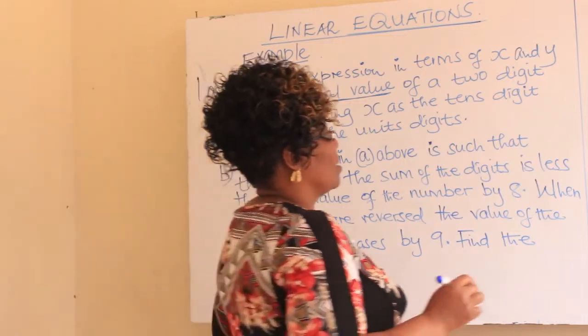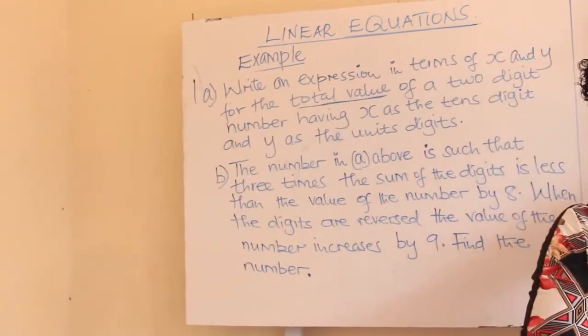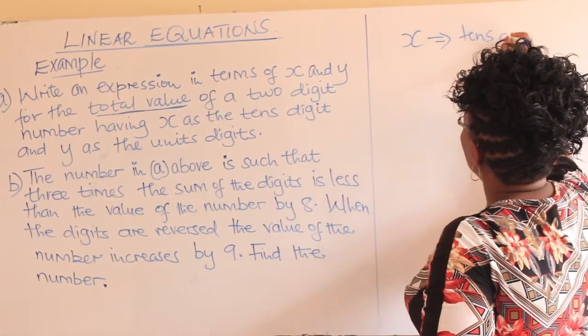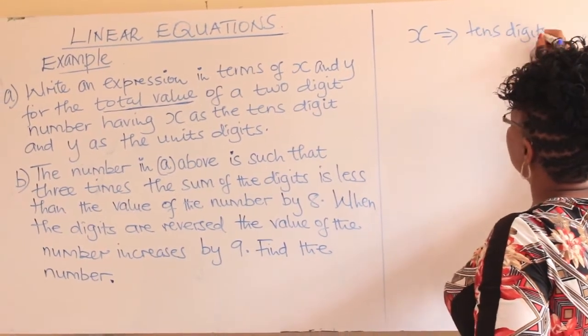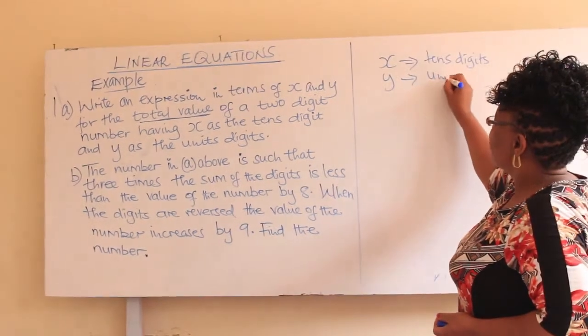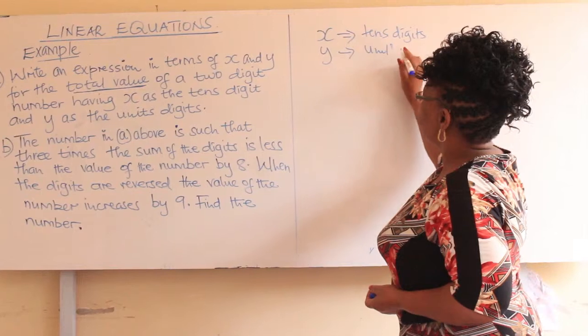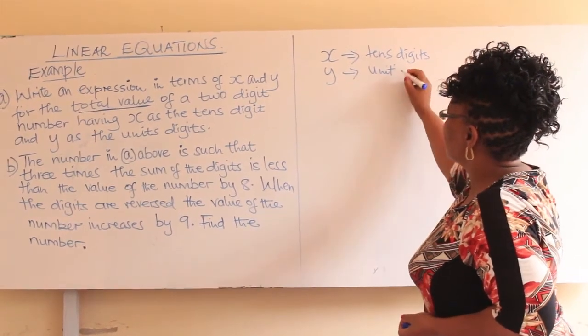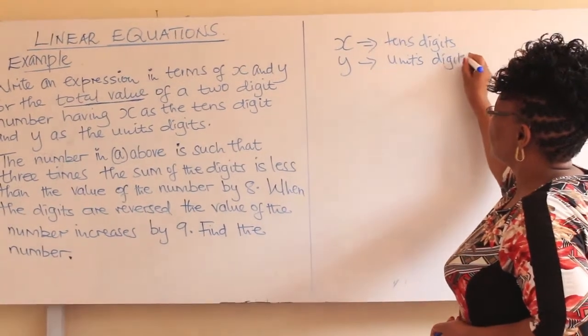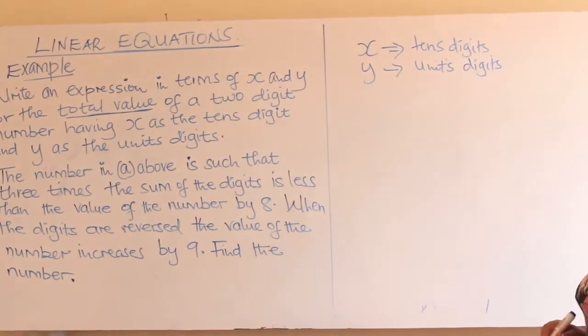And therefore, learner, you come and write that x is the tens digit, and y is the units digit. This is the place value. We are talking about place value, units or ones digit.